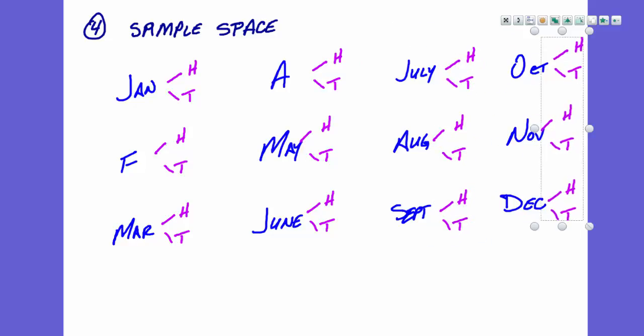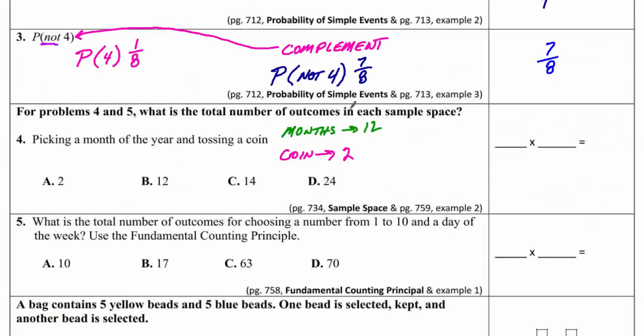The idea is there are 12 different months, and each of those months has 2 different coin possibilities. There are 24. How do we figure that out? The 12 possibilities in the months times the 2 possibilities of the coins give us 24 things that can happen.